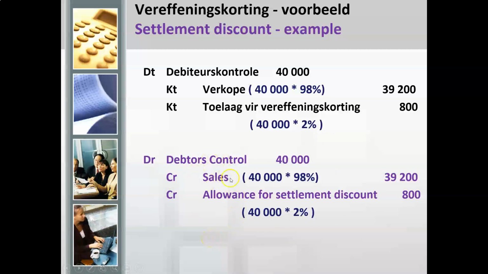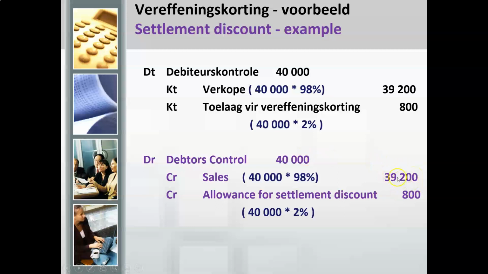Guys, I'm going to take it to my sales account because remember, what did I do? Here I have recorded only 98% of the sales amount in my sales revenue account because that was the amount that I was expecting to receive. But in actual fact, I now received a full 40,000 Rand and there's only 39,200 Rand in my sales account.